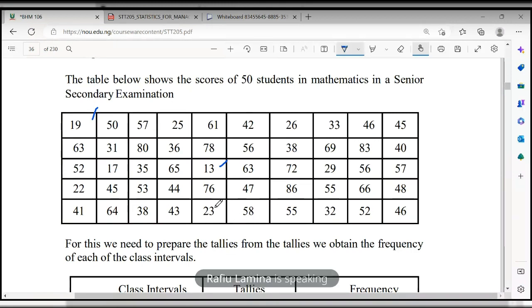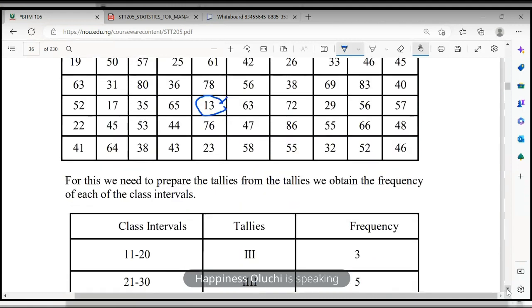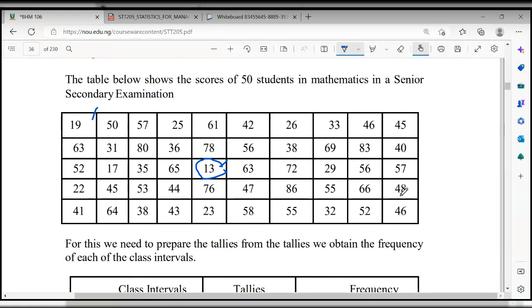I think 13 is the smallest. Okay, 13 is the smallest. So what's the highest? The highest is 86.